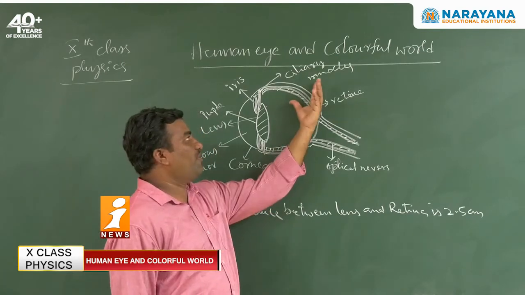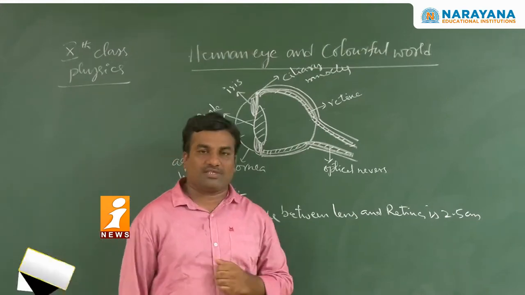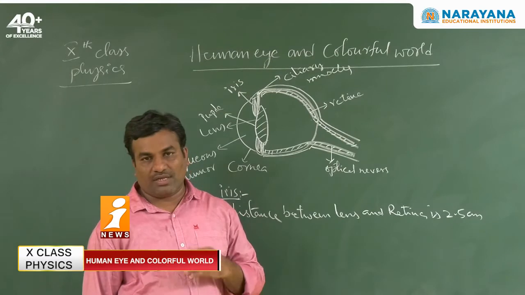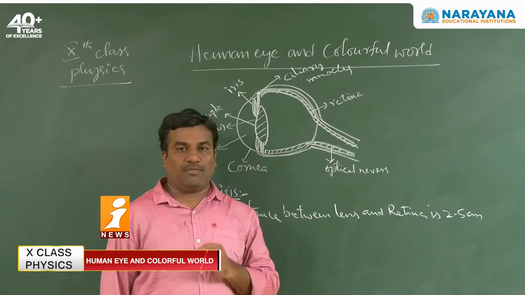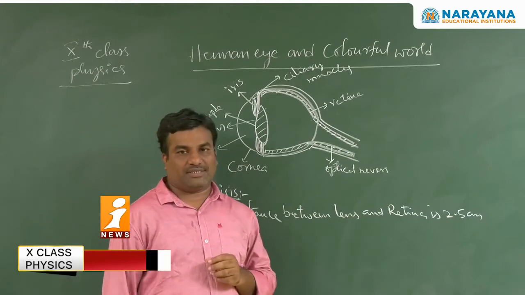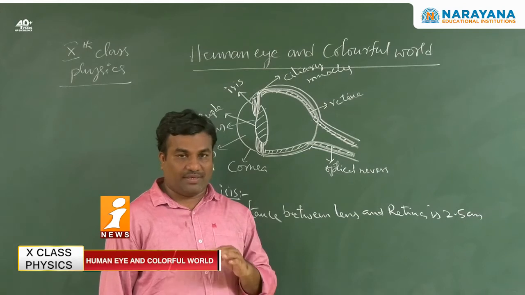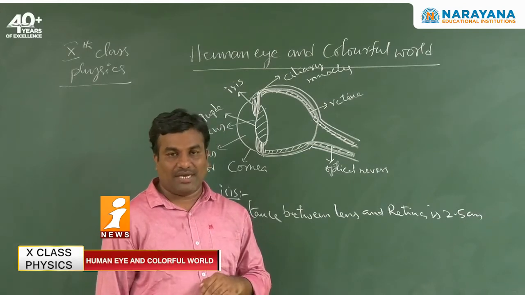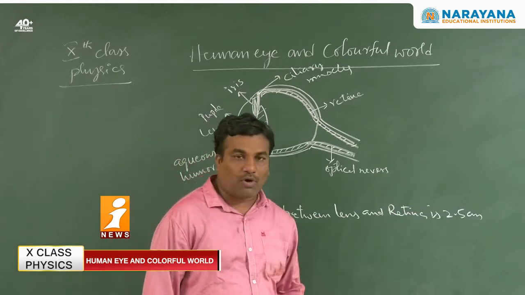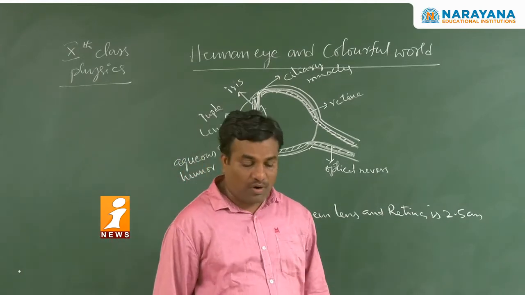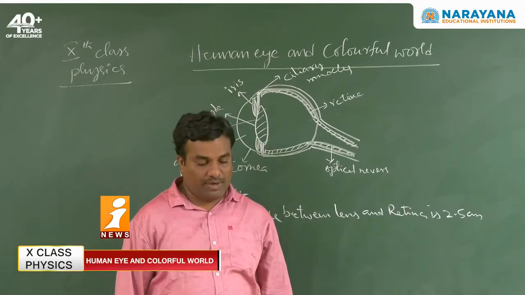When you see long-distance objects, the focal length is maximum. When you focus on near objects, the focal length is minimum. This process of changing the focal length, either increasing or decreasing, is called accommodation. The process of adjusting the focal length of the eye lens is called accommodation.